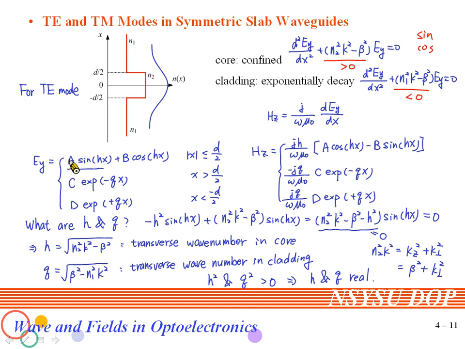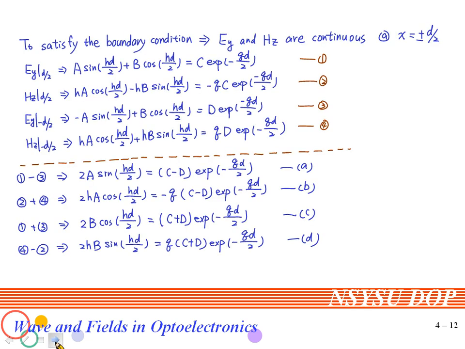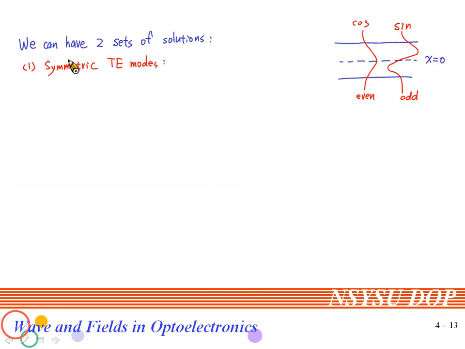And since the field is symmetric, the field distribution in the upper cladding should be the same as the field distribution in the lower cladding. So the C and the D should be equal to each other. So for symmetric TE mode, we have the following condition: A is 0 and C will be equal to D.